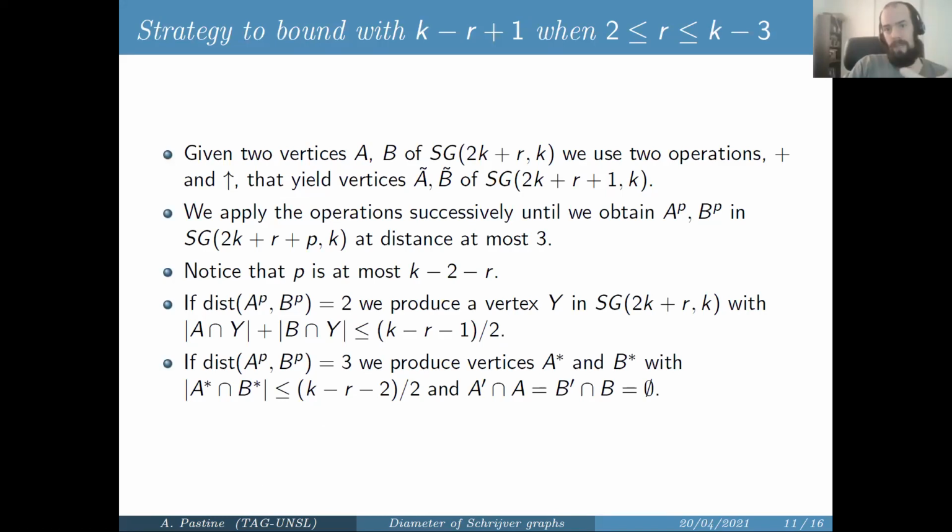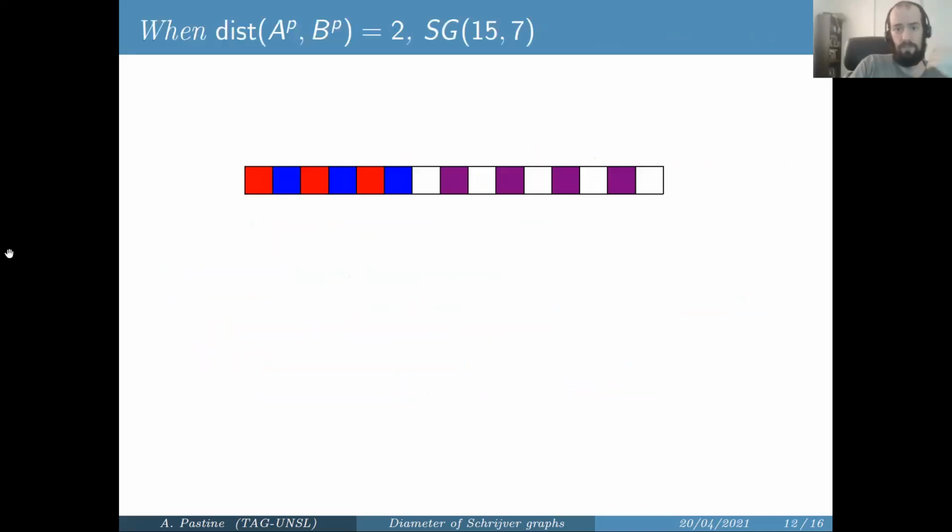So this is sort of what we're going to be doing now. I'm going to show you these two operations. For this, we're going to work on this example, SG(15,7). We are going to consider what happens when the distance between AP and BP is 2.